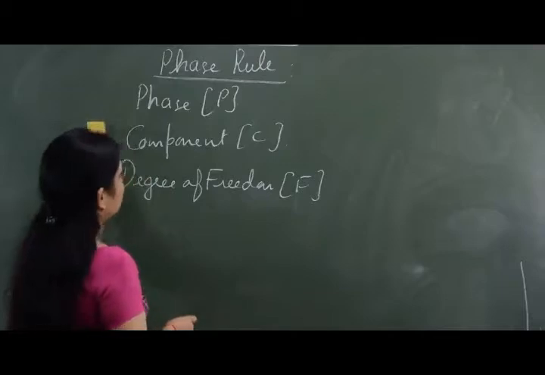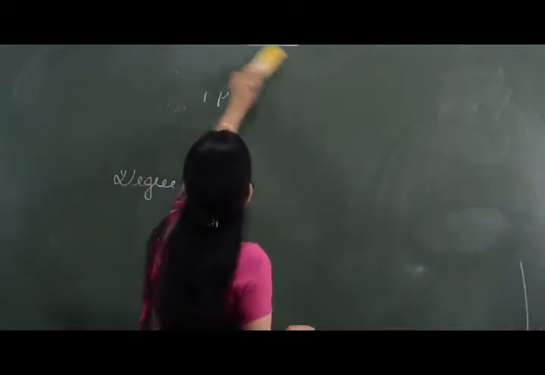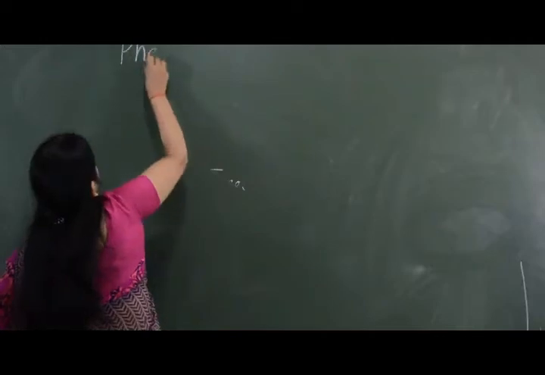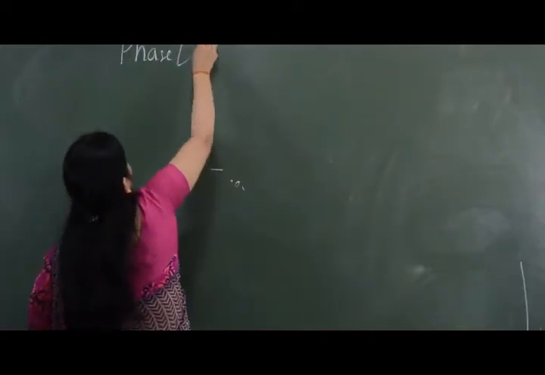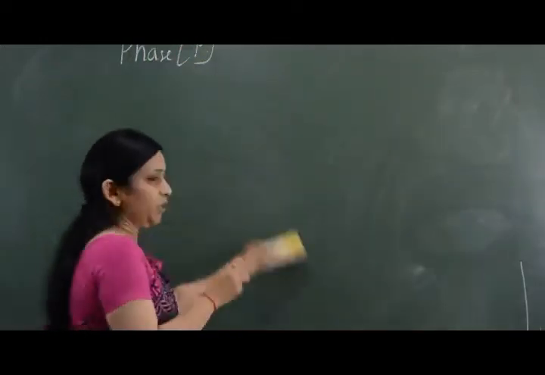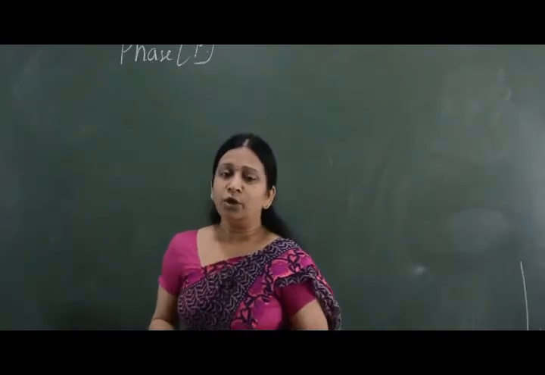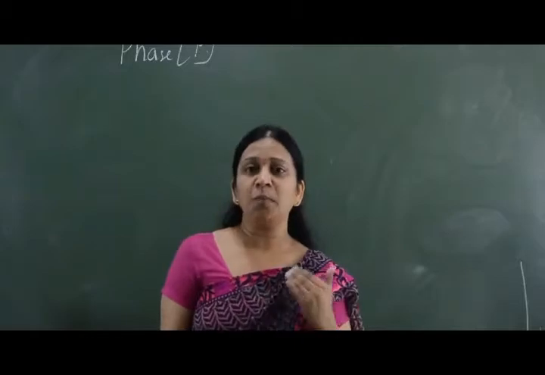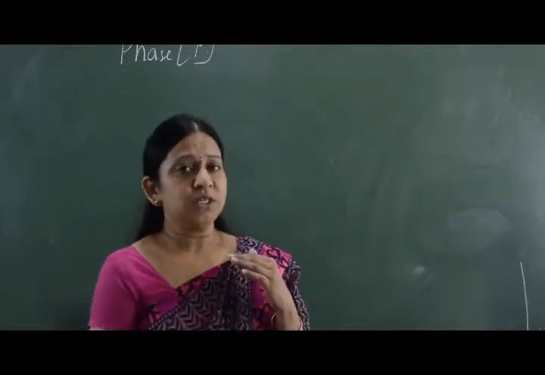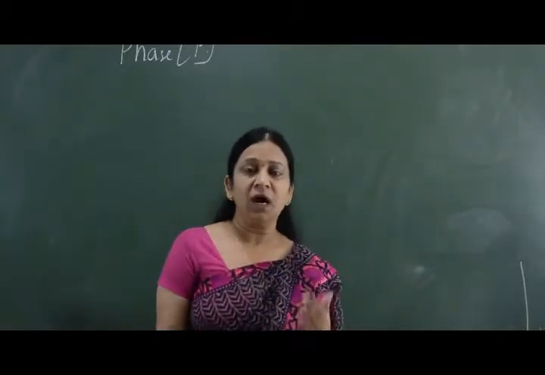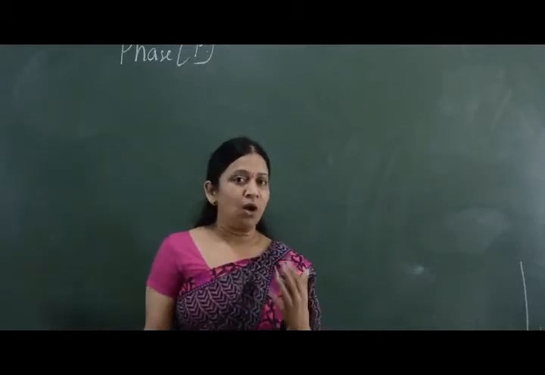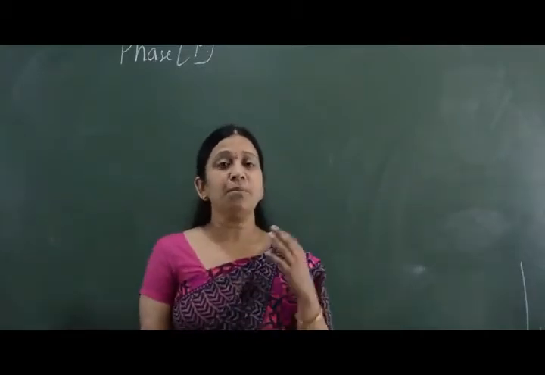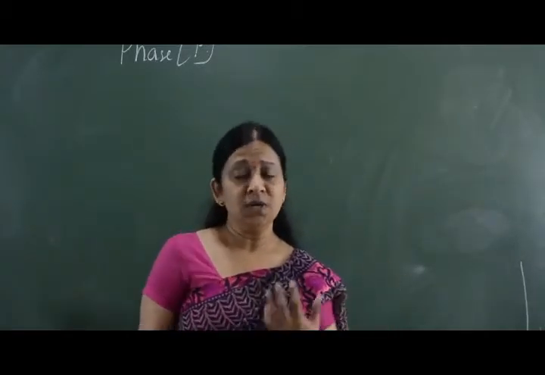So, the first is phase, which will be denoted by P. Now, phase is a homogeneous and physically distinct part of a system which is separated from the other parts by a mechanical boundary, or it is mechanically separable from the other parts of the system.